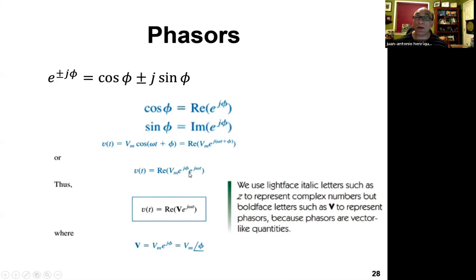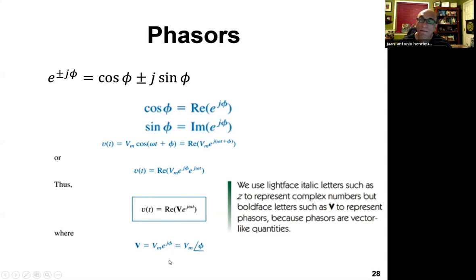And if we do it that way, you'll see that Vm e to the j phi is the actual phasor, right? Notice here, it's just the phasor representation. So another way of representing this function of time is by saying, if we take the real part of the product of the phasor times the exponential e to the j omega t, we get the same function again.